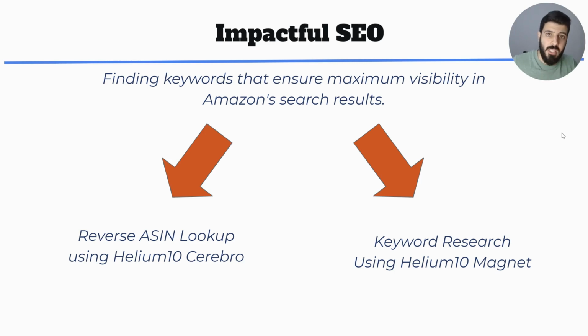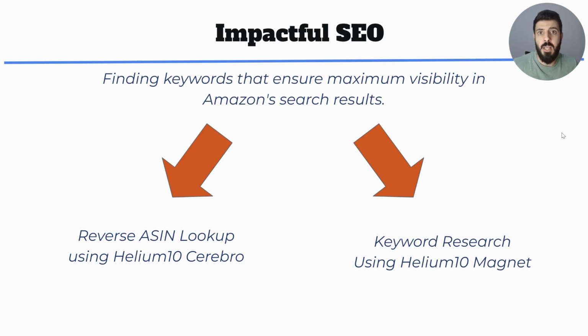So how do we find keywords? We primarily use Helium 10, and we have two methods of doing that. The first method is reverse ASIN lookup, meaning that we source keywords from competitor products. This is way easier when there are lots of competitors.